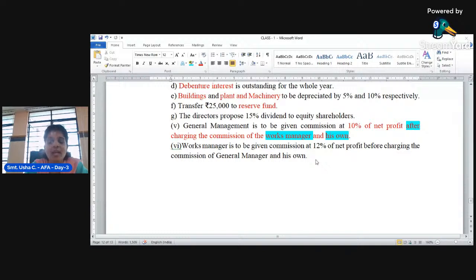But that general manager commission is to be deducted from the net profit to calculate general manager's commission. Okay. So like this, only two types of adjustment you will get, either after or before, relating to the managerial remuneration. This is about the problem.